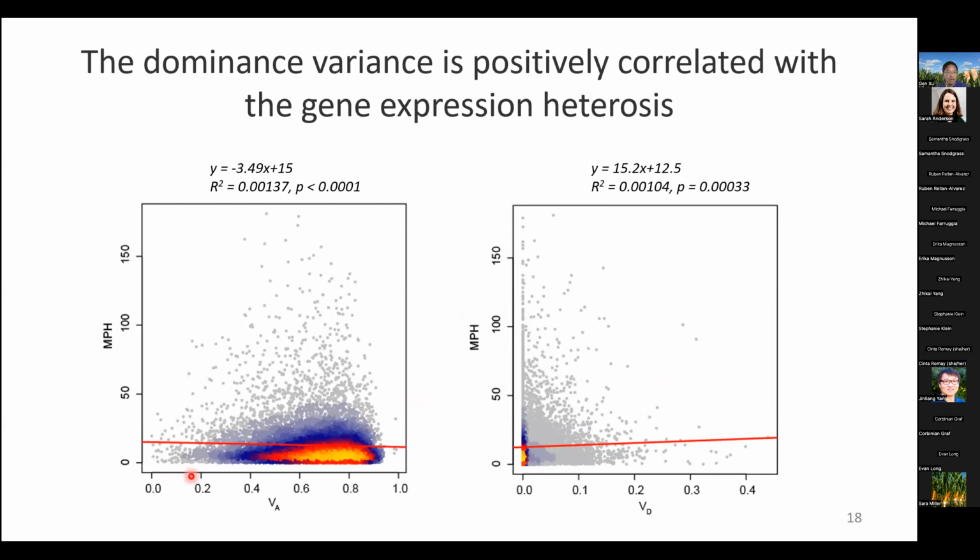And here we find a similar pattern. The left plot shows the additive variance in the hybrid is significantly negatively correlated with gene expression middle parent heterosis, while the right side shows the dominance variance is positively correlated with gene expression heterosis.